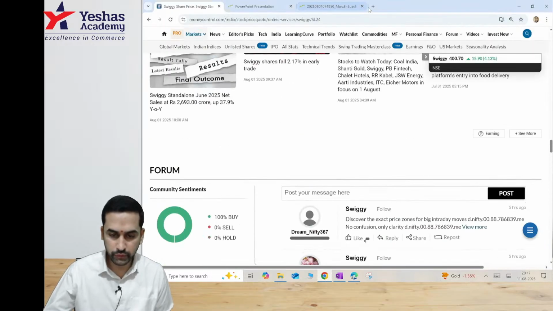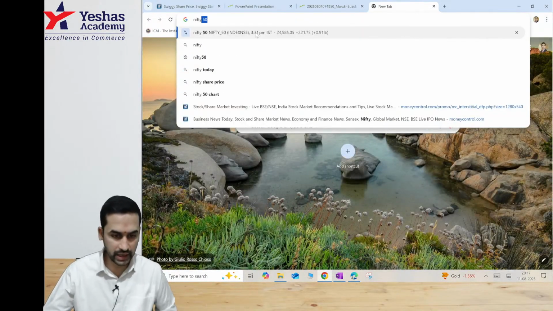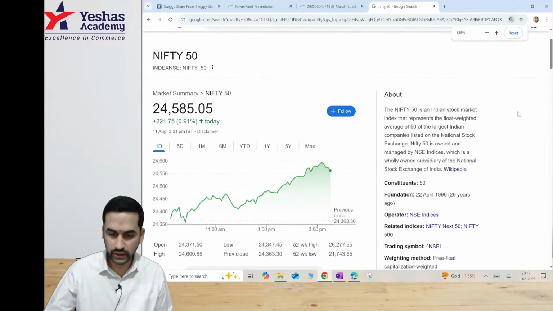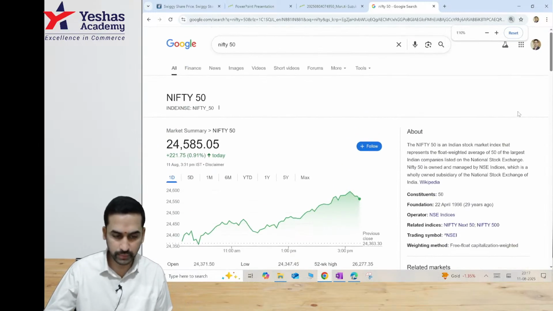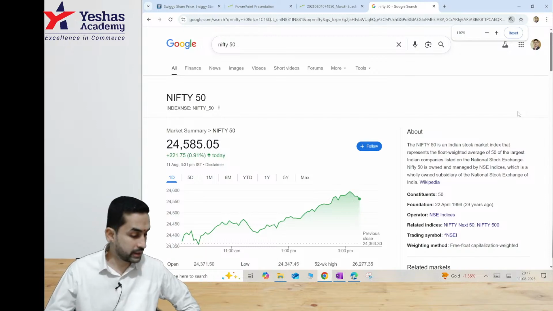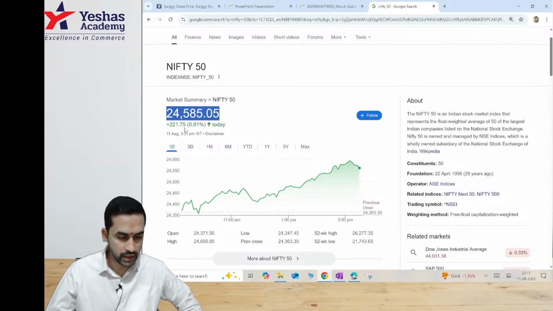Before we wind up, if you remember a few days back in the class, I showed you one graph of Nifty and gold. Do you remember that? The 10-12 years long summary. You see today, India's Nifty has gone up almost 1%. Can you see this?